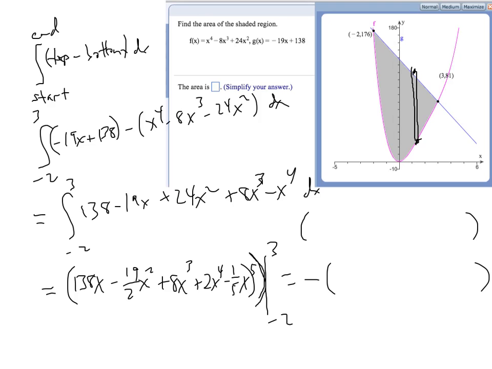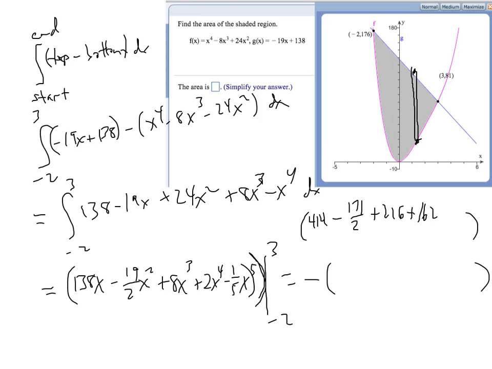Okay, so plugging the numbers in, when I put 3 in for x, I'll have 138 times 3, which is 414. 19 halves times 3 squared. 19 times 3 squared is 171. 8 times 3 cubed, that's 8 times 27, that's 216. 2 times 3 to the 4th is 162.